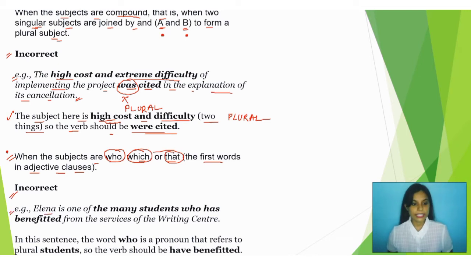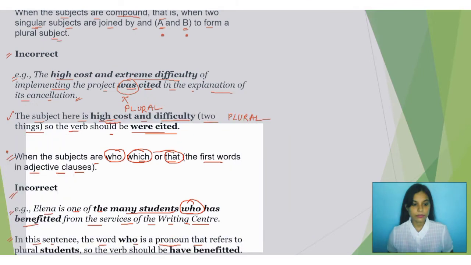For example: Elena is one of the many students who has benefited from the services of the writing center. Let's see what is to be changed over here. In this sentence, the word who is a pronoun that refers to plural students. Okay, so this is basically a pronoun.